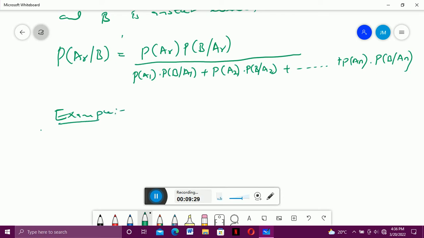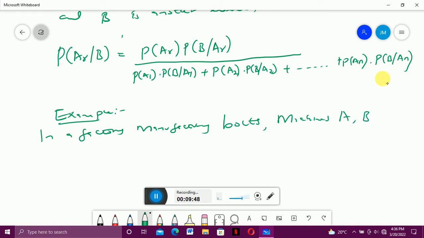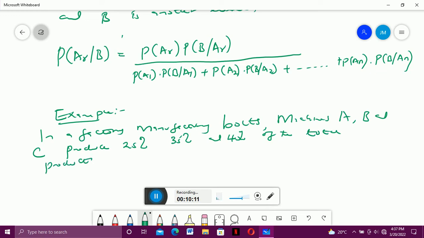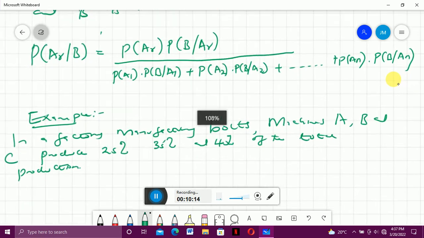In a factory manufacturing bolts, machines A, B, and C produce 25%, 35%, and 40% of the total production.